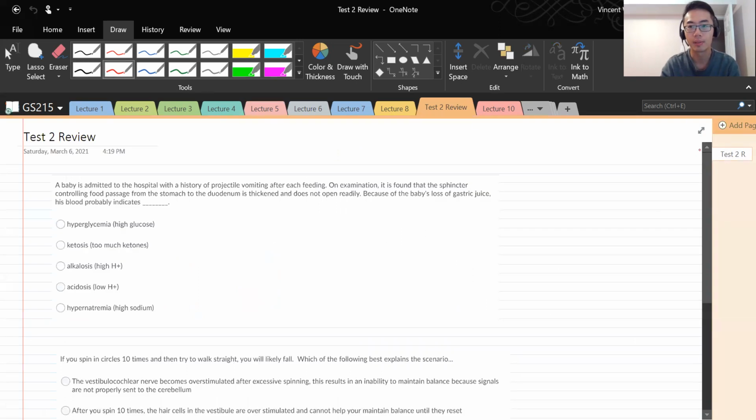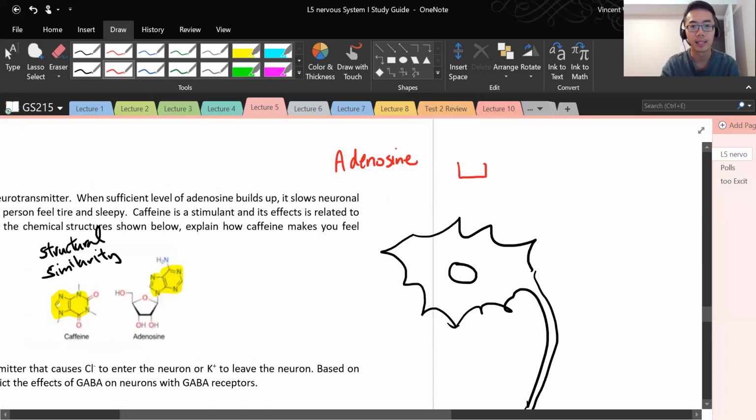Sorry, I haven't thought this out yet. I'll just say it looks like this, okay? Adenosine looks like this, like a house. So the receptor for adenosine would have to look like this, right?